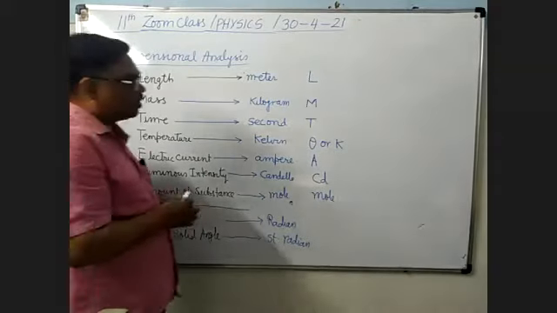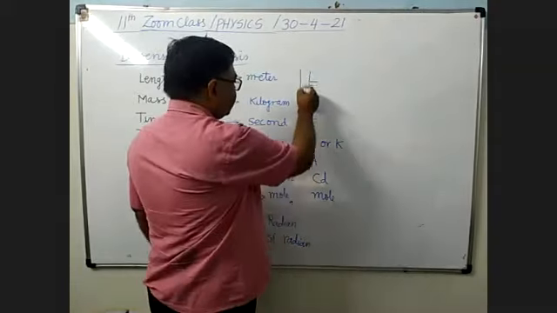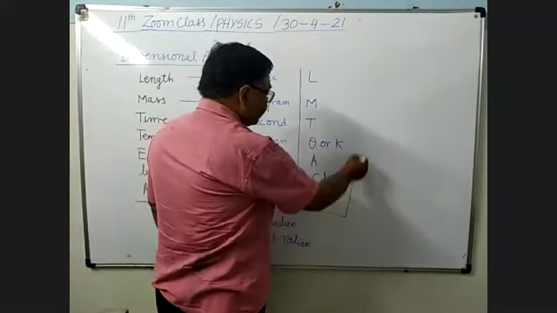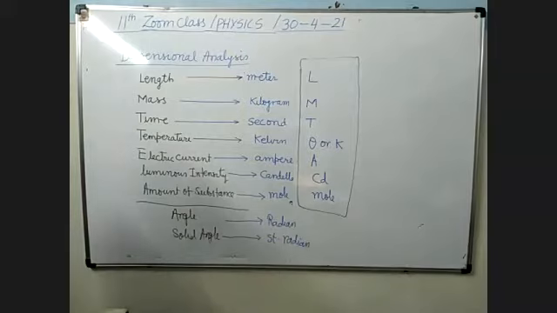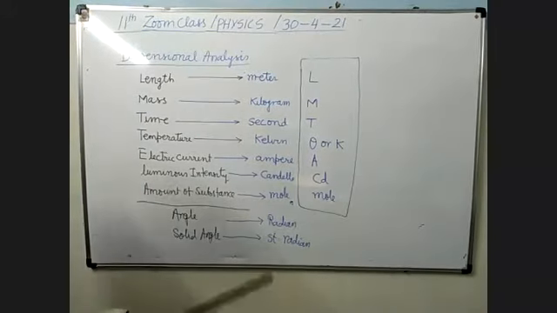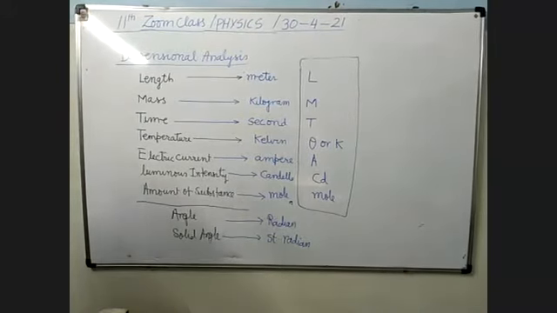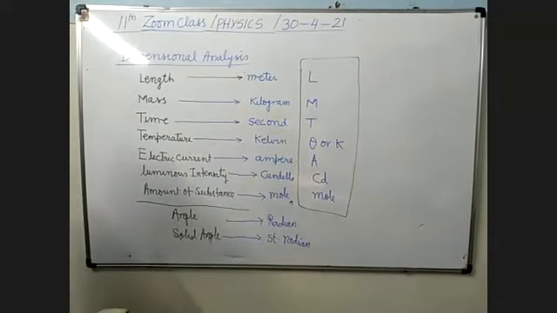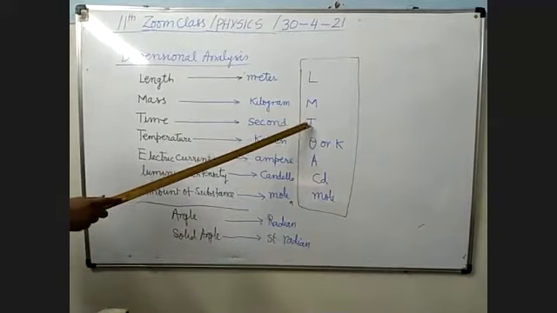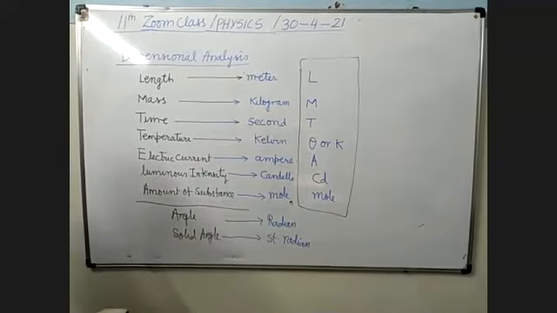So these are the symbols. All of you remember these symbols. If somewhere L is written, then that is representing the unit of length. If M is written, then that is representing the unit of mass. If T is written, then it is representing the unit of time.